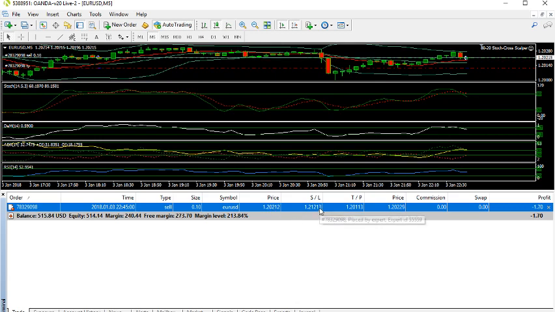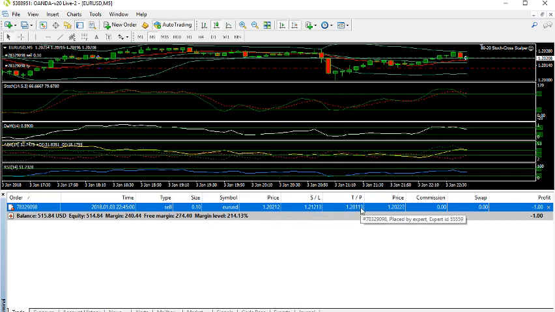The stop loss is set for 2.21213, and the take profit is for 0.20113. So you can see here 212 minus 113 is roughly 100.